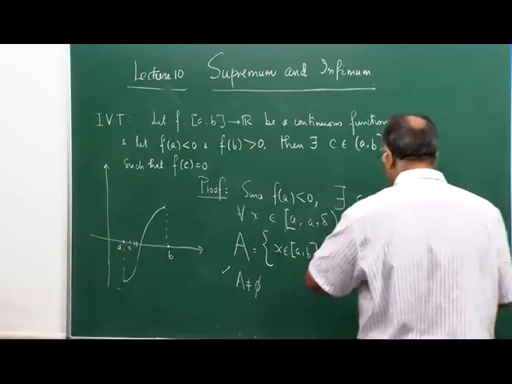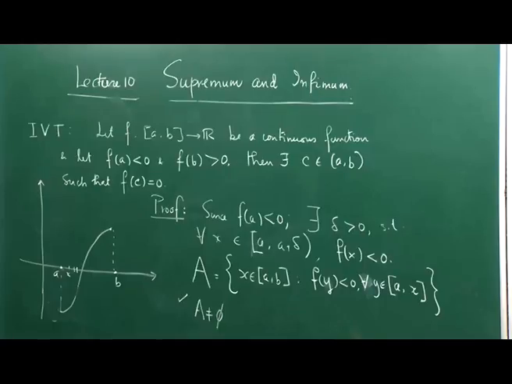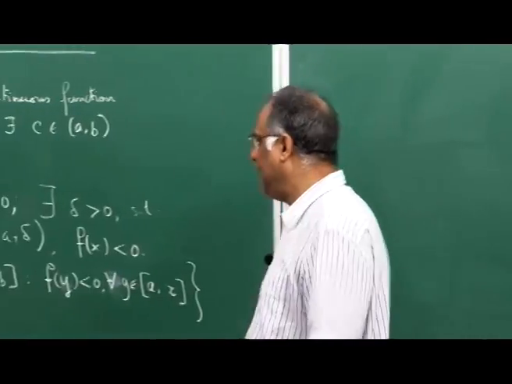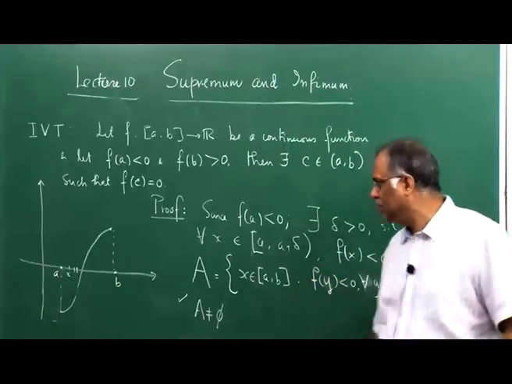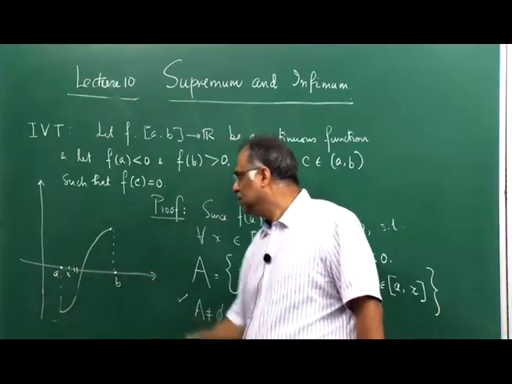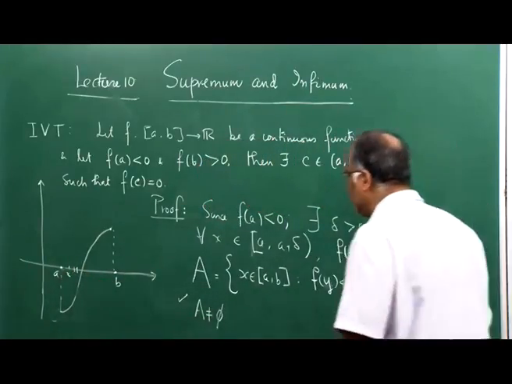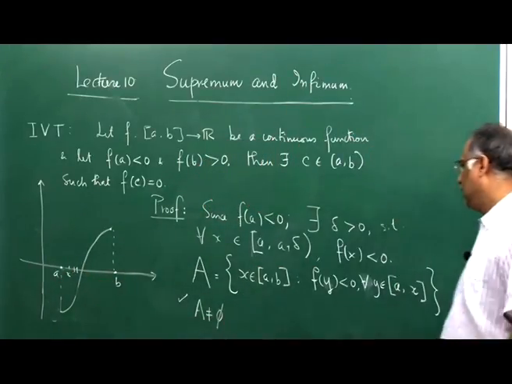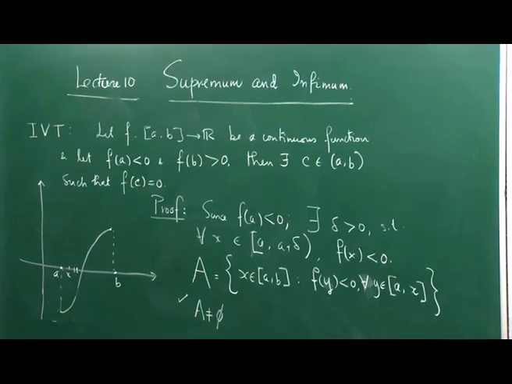Here the idea of supremum and infimum will become really effective. Now, once we have A not equal to phi, so basically we are generating these x's here. We want to say that A has a supremum. How will we say that?